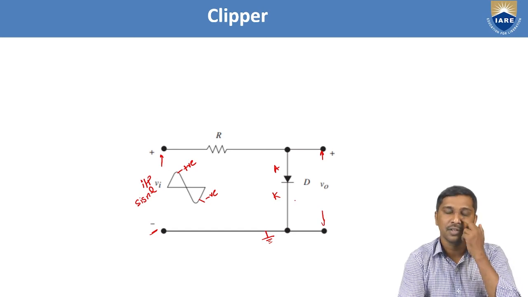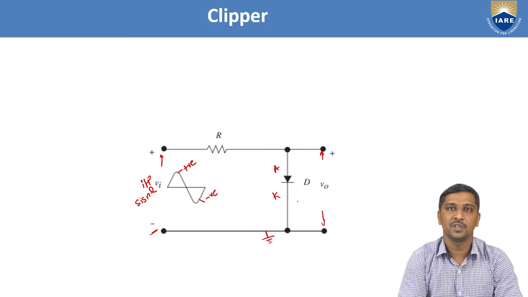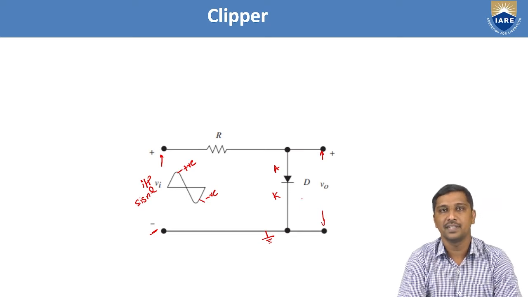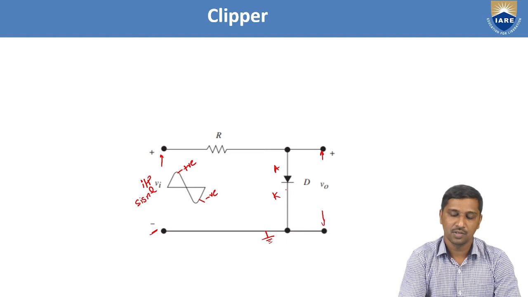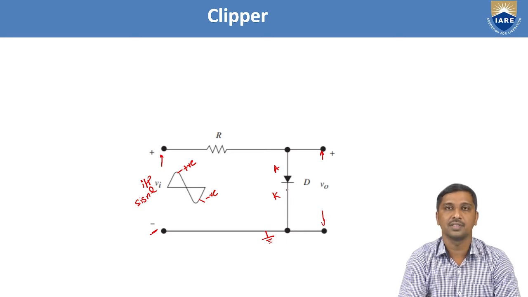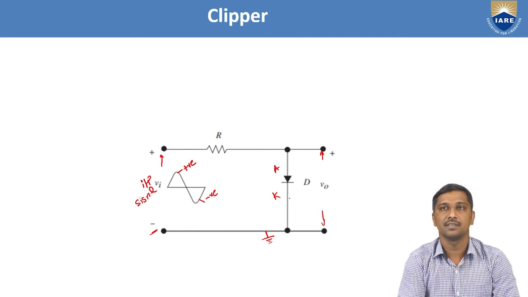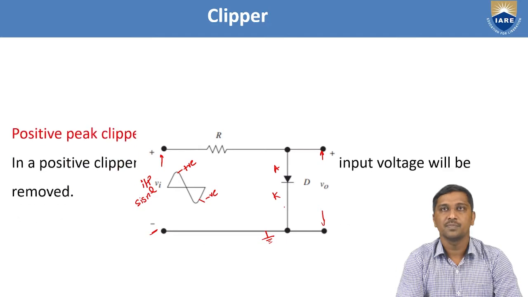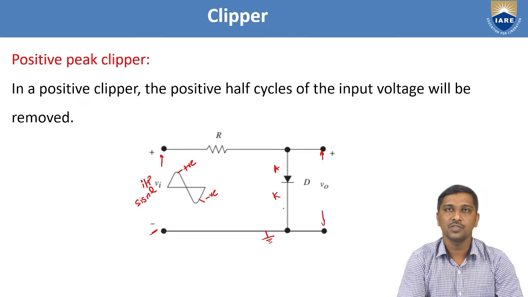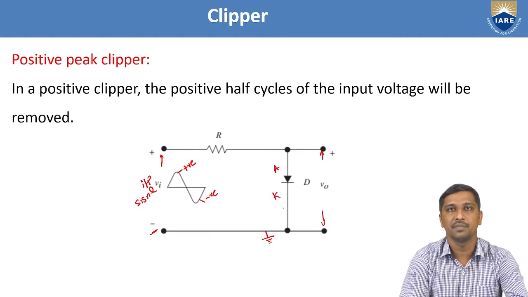So this circuit shows the circuit diagram for the positive peak clipper with a zero reference voltage. Here I have not connected any DC source along with this diode, hence it is called zero reference voltage. What is the definition of the positive peak clipper?